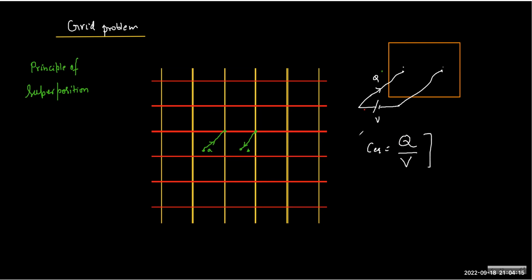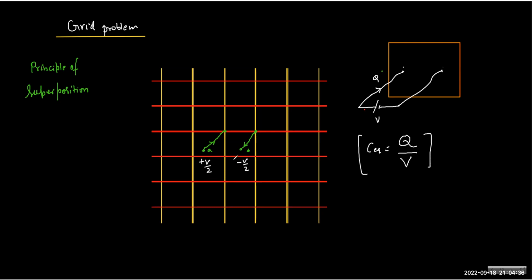This is the formula. We are going to employ the same. I will assume the potential difference of V across A and B, which can be achieved by assuming A at plus V by 2 and B at minus V by 2.